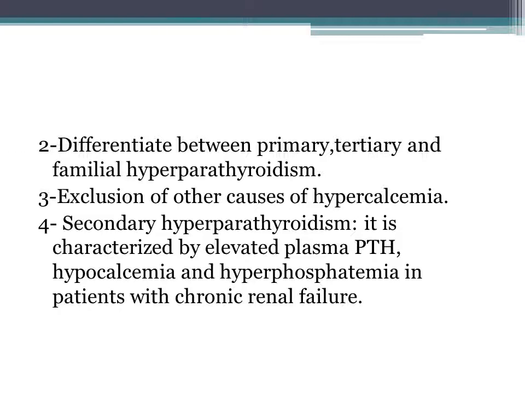In familial hyperparathyroidism, there may be criteria of MEN, or there may be familial hypocalciuric hypercalcemia. Secondary hyperparathyroidism is characterized by elevated plasma PTH and hypocalcemia and hyperphosphatemia in patients with chronic renal failure, and we must exclude other causes of hypercalcemia.